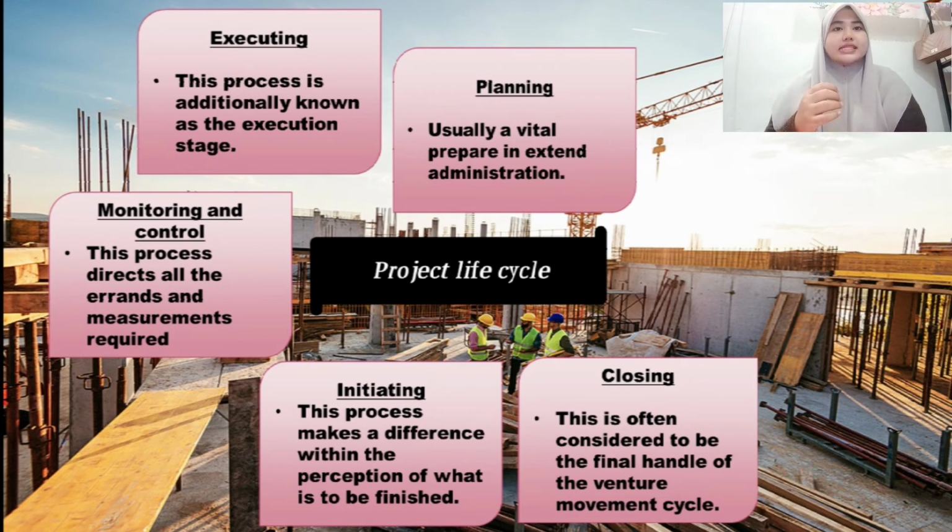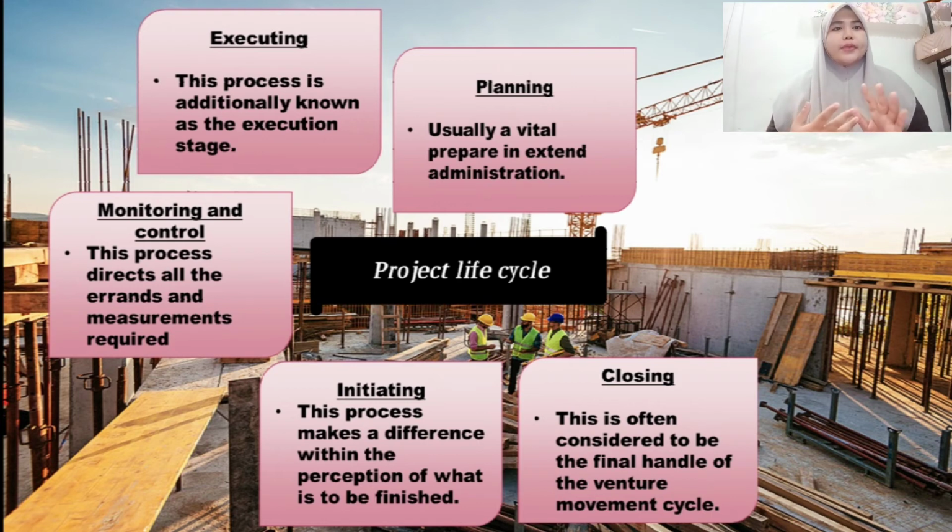And last, closing. This is often considered to be the final handle of the venture movement cycle. In this stage, the venture is formally closed, and after that, a report is created to the venture sponsor or client on the general level of victory of the complete venture.